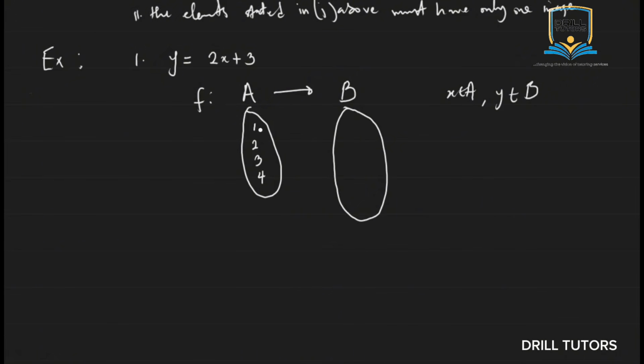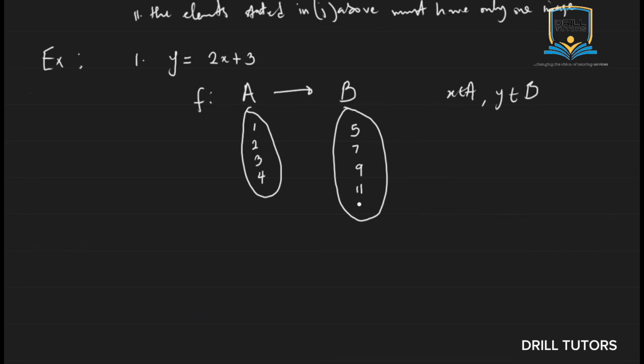From this definition, when x is 1, you know that y will be 5. When x is 2, and you put it here, y will be 7. When x is 3 and you put 3 here, then y will be 9. When x is 4 and you put 4 here, then y will be 11.